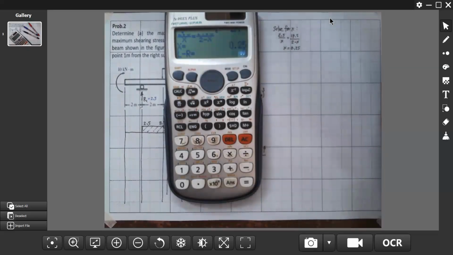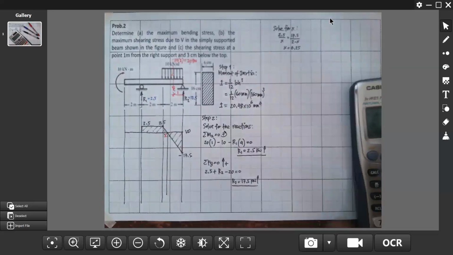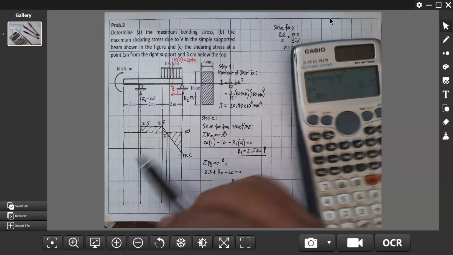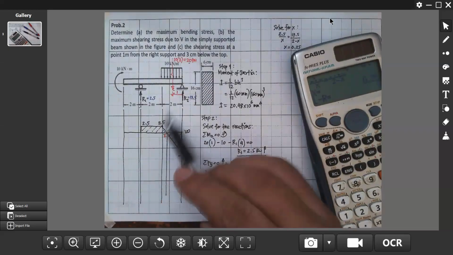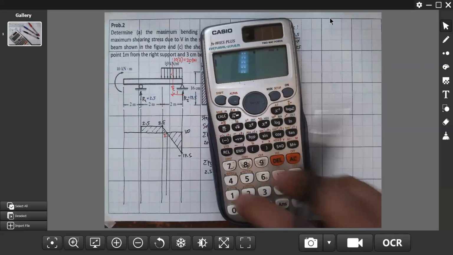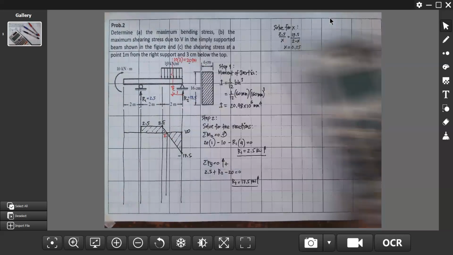I already had the answer in advance because I have my own technique, my own shortcut. It's very simple. To solve for x, you just divide 2.5 by the uniform load. So 2.5 divided by 10, that's 0.25.